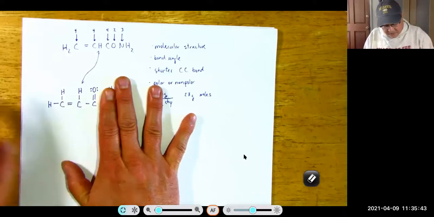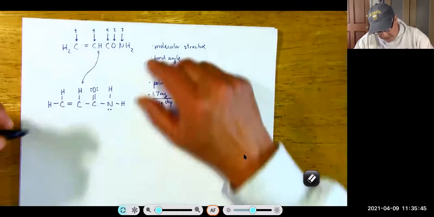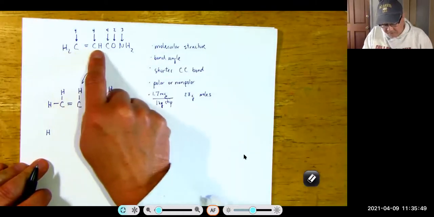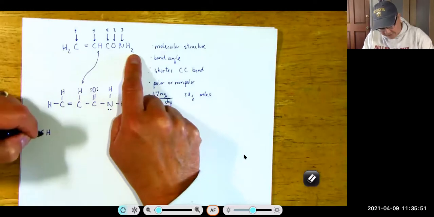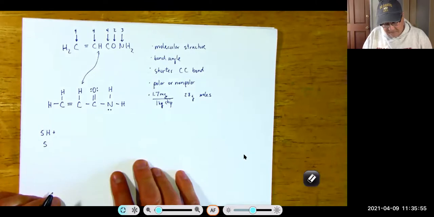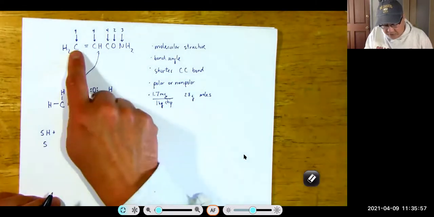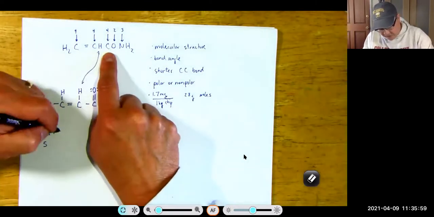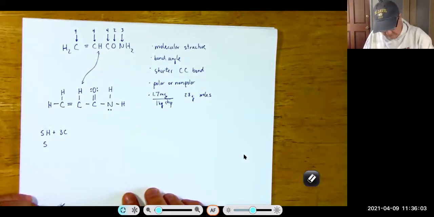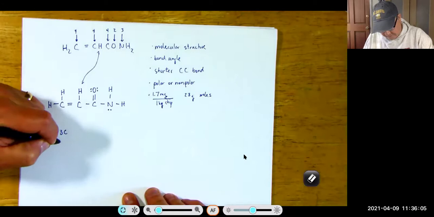And let's see how many electrons we should have. How many hydrogens do we have up here? 1, 2, 3, 4, 5. 5 hydrogens at 1 each is 5, right? How many carbons? 1, 2, 3. 3 carbons. And how many valence electrons per carbon? 4.